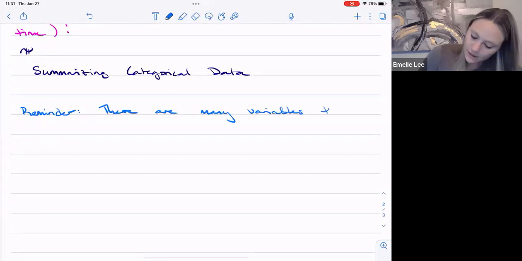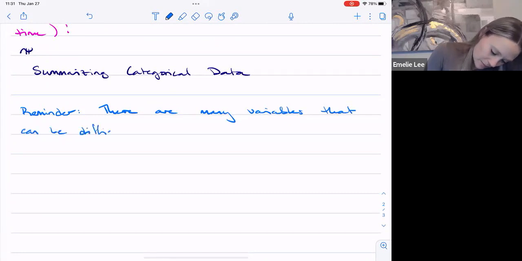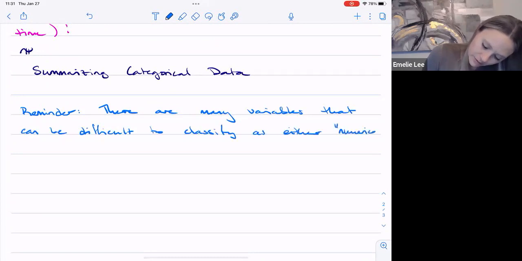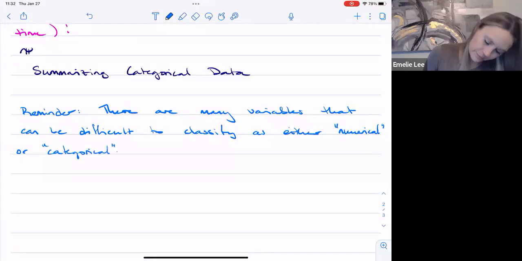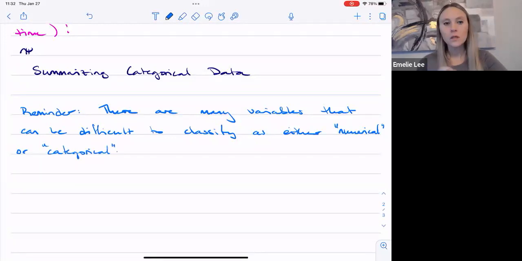Reminder, there are many variables that can be difficult to classify as either numerical or categorical, kind of depending on which way you want to argue it, right?